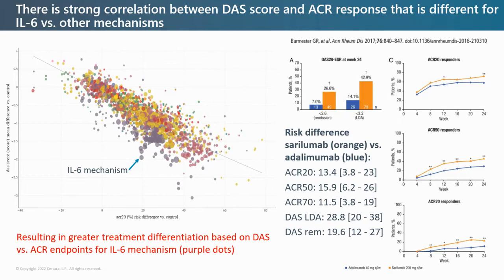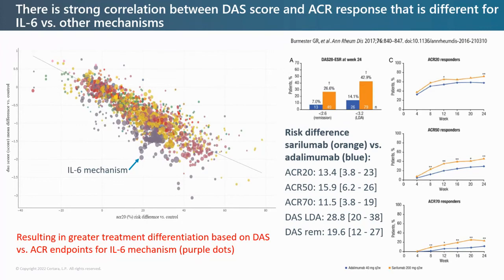And we can see a very tight correlation just looking at the raw data that's in the database. But these colored dots on the bottom jump out, and we've color-coded these by mechanism of action. So actually, these colored dots in the bottom are all IL-6 compounds. So it's seen for these particular compounds, given a certain ACR response, they have more effect on the DAS-related outcome, which could lead to a greater treatment differentiation in any DAS-related outcome for this particular mechanism of action.